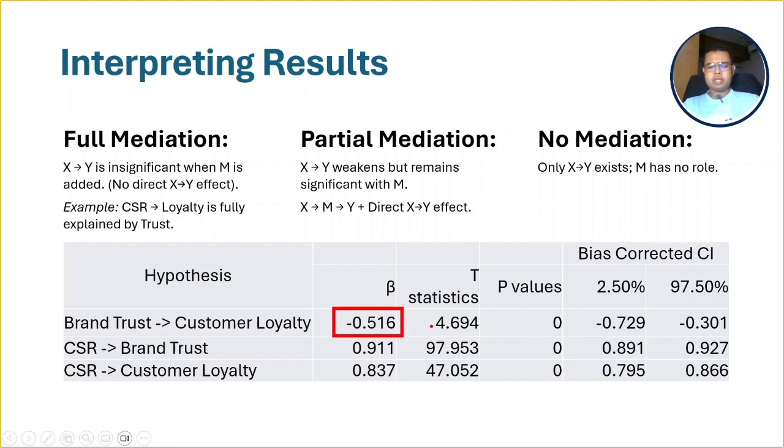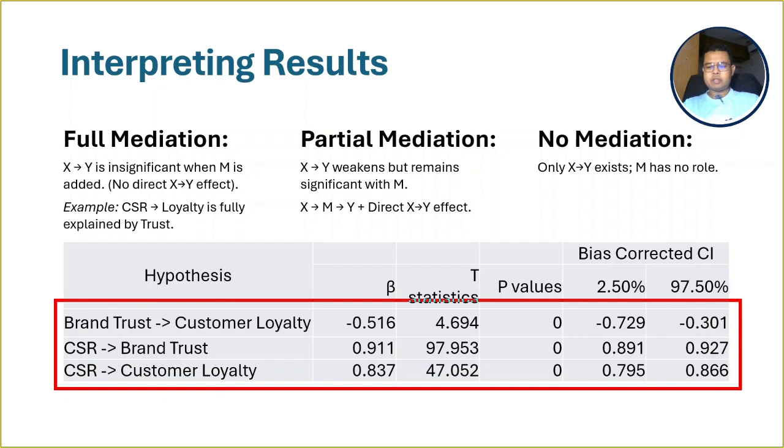But we can say the t statistic is significant because it's greater than 1.96, and the p value is significant and there is no zero value in here. All the hypotheses here are significant. So you can say the model we can interpret in both ways, I mean the fully mediated and partially mediated.